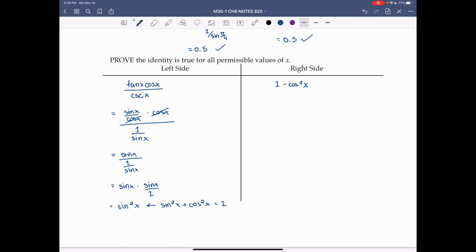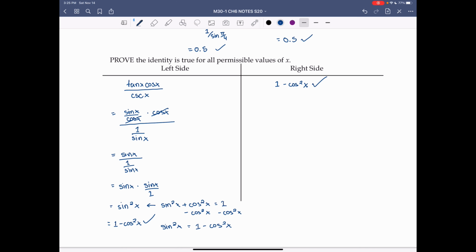So if we subtract cos squared x from both sides, we get sin squared x equals 1 minus cos squared x. So then we can write sin squared x equals 1 minus cos squared x. So we get the left side is equal to the right side.